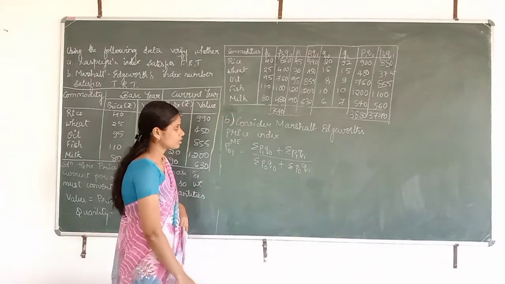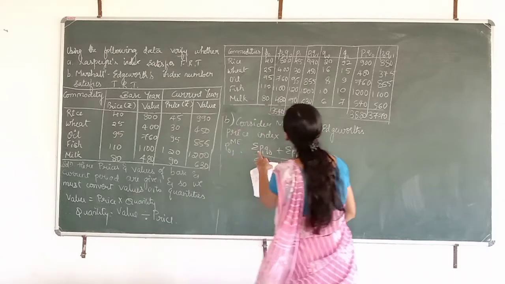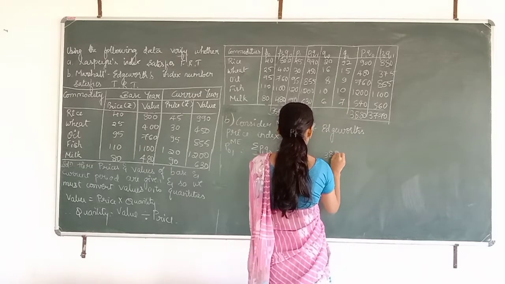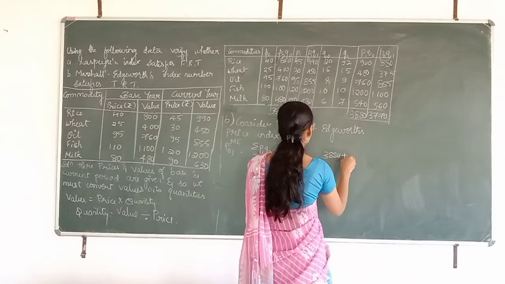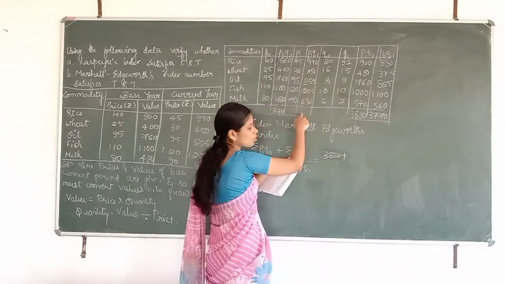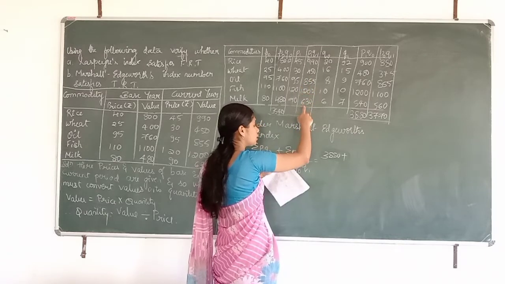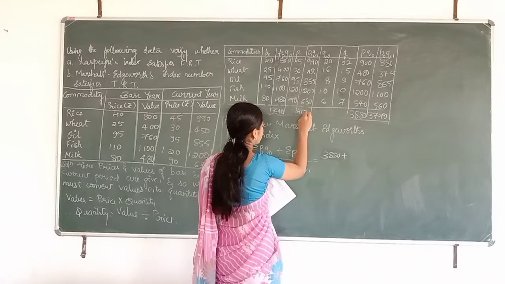Now we are going to substitute the values in this equation. So summation P1 Q0 total is 3880 plus P1 Q1 total. We have to make this column total: 990 plus 450 plus 855 plus 1200 plus 630. Total comes to 4125.